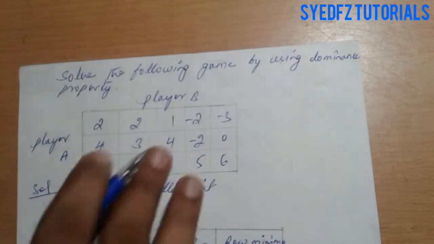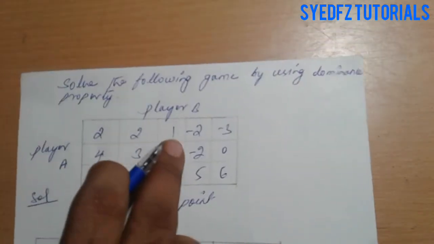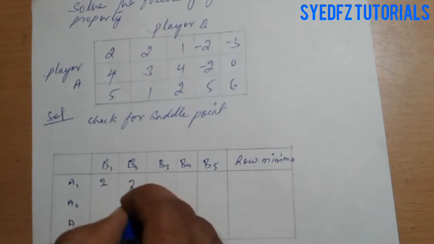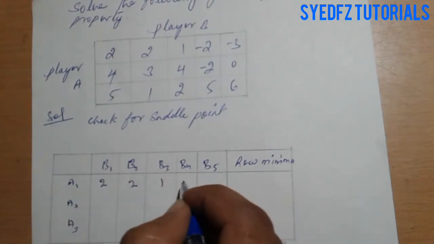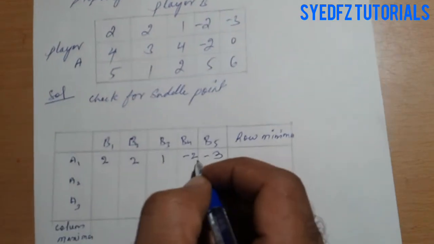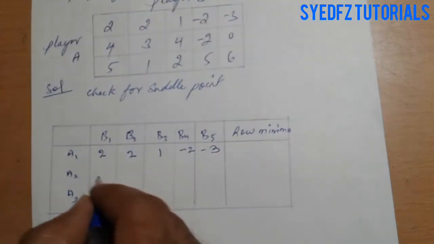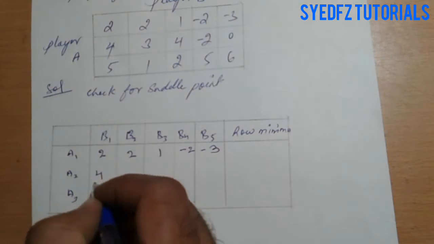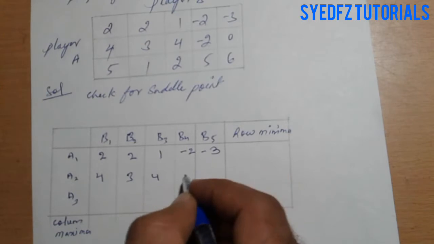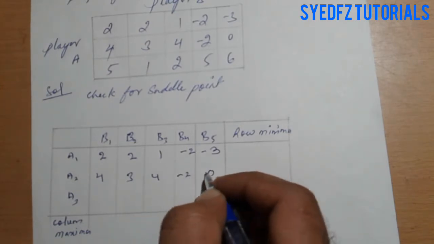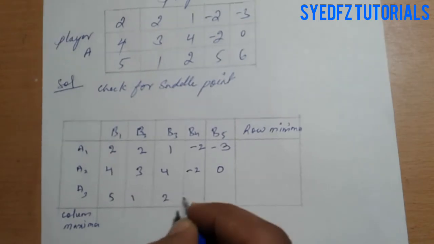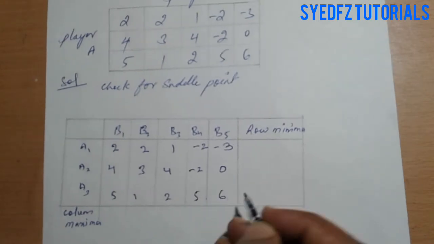Enter the values: 2, 2, 1, minus 2, minus 3, then 4, 3, 4, minus 2, 0, then 5, 1, 2, 5, 6.